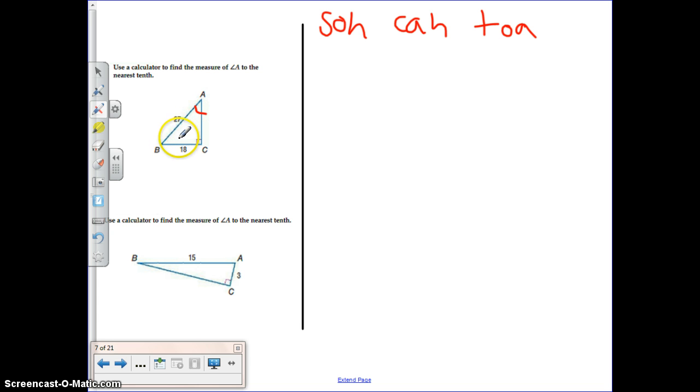So I want to look for the ratio that involves the opposite and the hypotenuse, which is this first one, the sine. So I'm looking for my sine of angle A is equal to my opposite, which is 18 over 27. So I know that my sine of A, if I plug 18 over 27 in my calculator, or if I can reduce it in my head, is equal to 2/3.